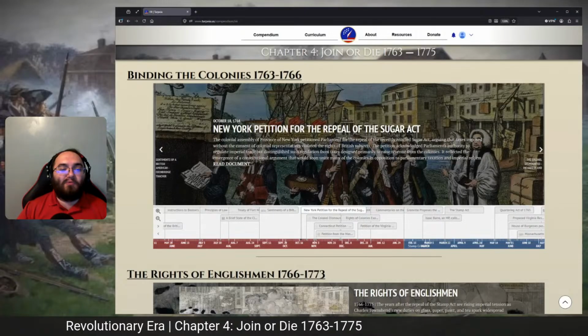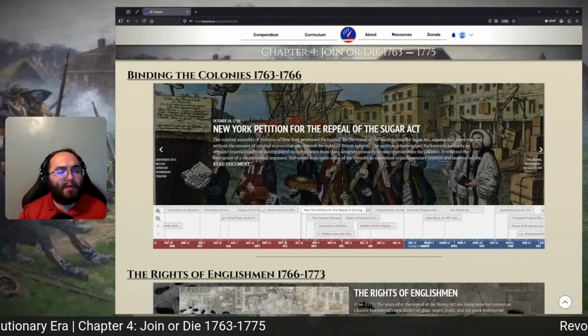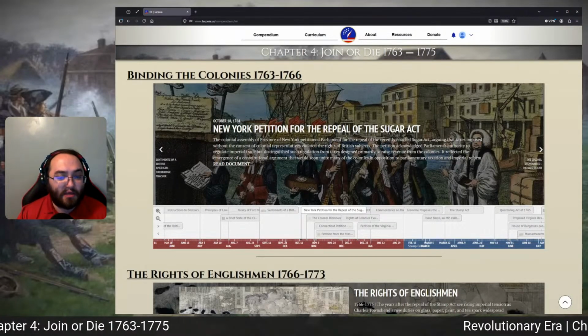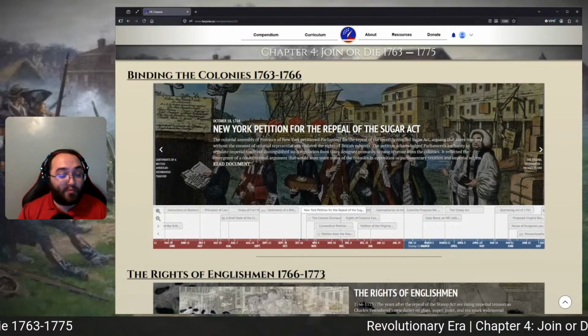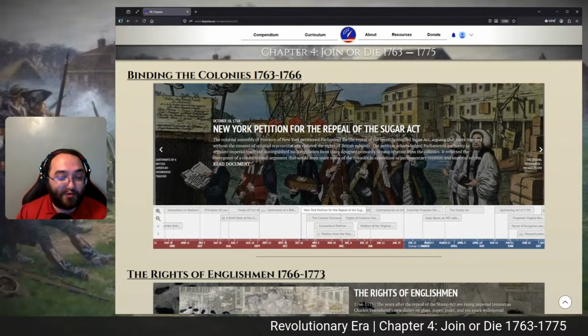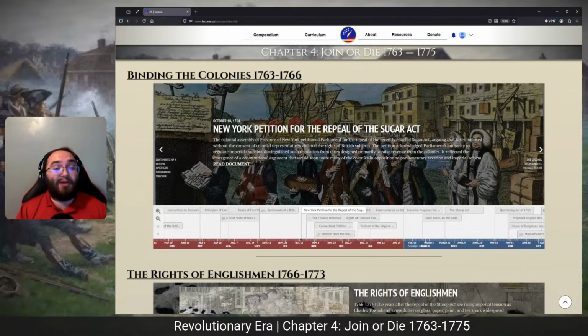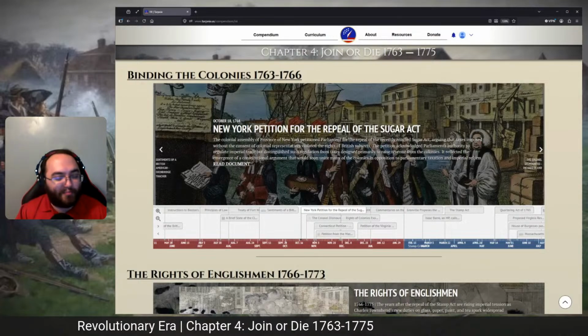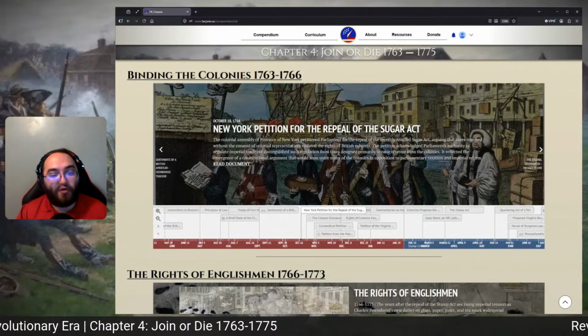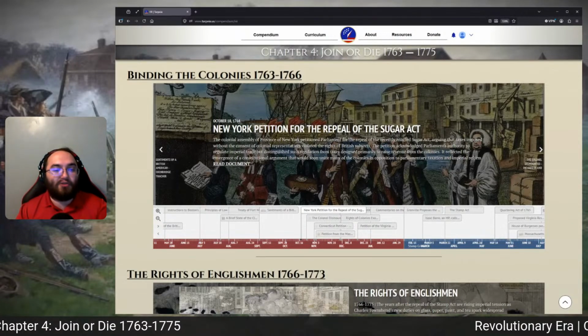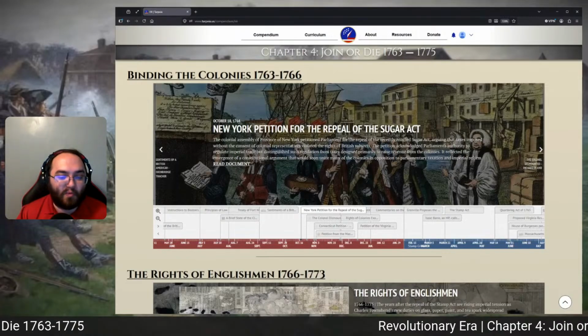And so the whole idea that the colonies are not paying their fair share in taxes, well, at least New York, they were paying their fair share of taxes. So much so that Parliament recognized that they were paying above and beyond their fair share in taxes and the contributions to the French and Indian War.